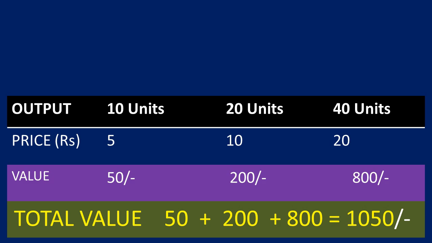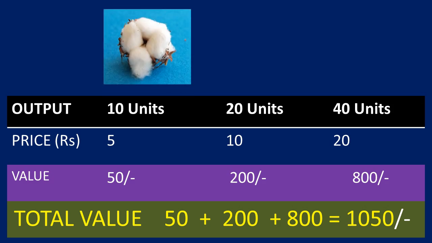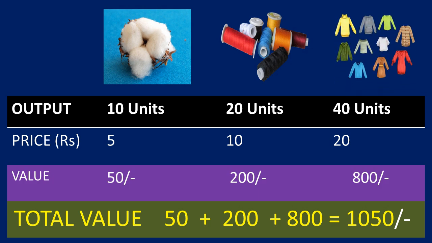To understand GDP, let's take a country producing three products: cotton, the second one thread or yarn, and the third one clothes. Let's assume that production of cotton is 10 units and the cost of cotton per unit is rupees 5. Then if we multiply the total output with cost, we will get rupees 50.